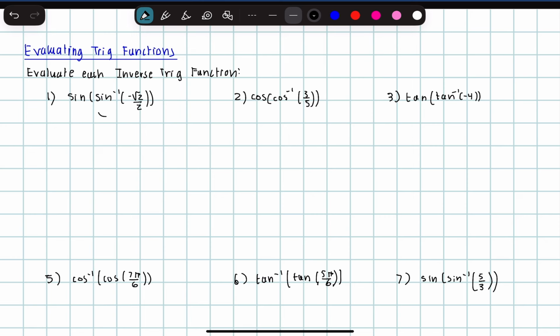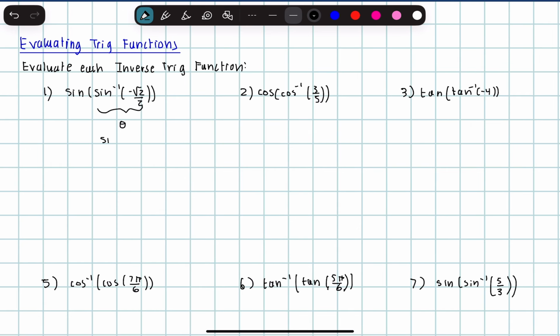We're first going to let theta equal arcsine of negative root 2 over 2. So then we can rewrite this as sine of theta equals negative root 2 over 2.